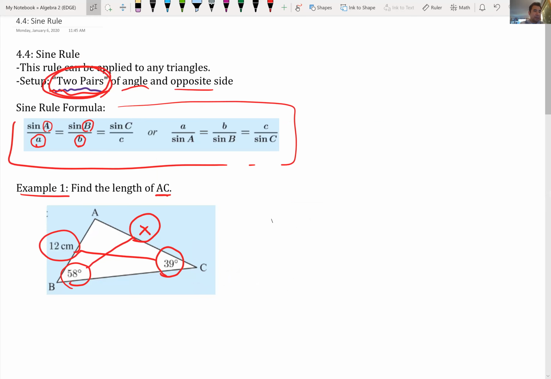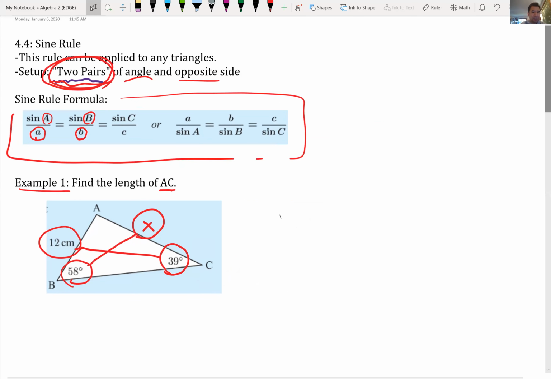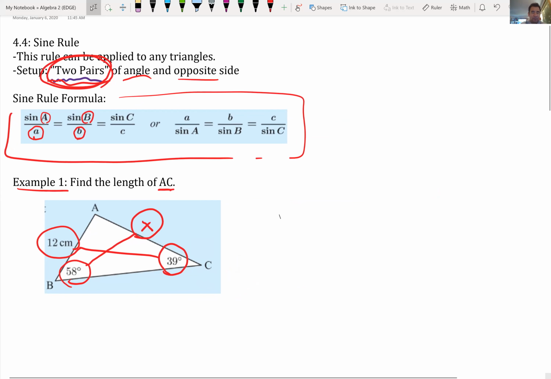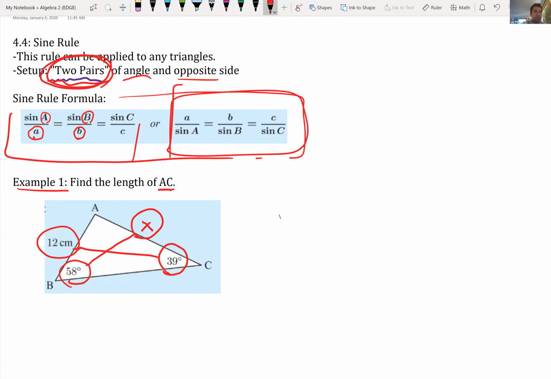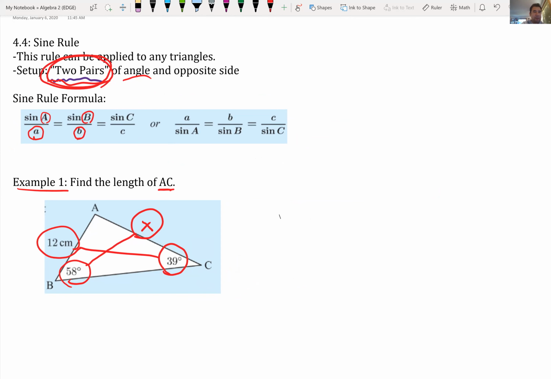So for example number 1, this is how you set it up. It doesn't matter whether you do the sine of angle over the opposite side or the opposite side over sine of angle. You could use it either way.